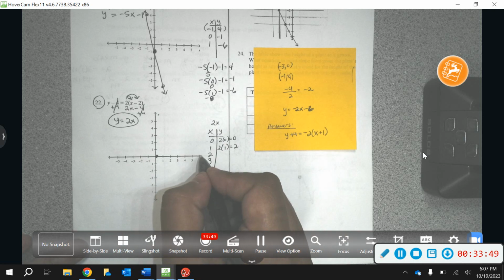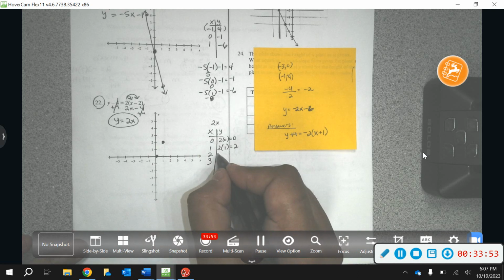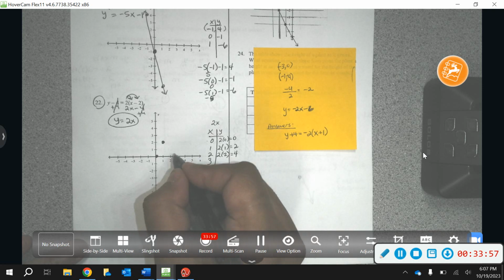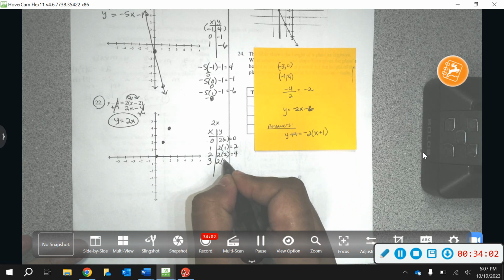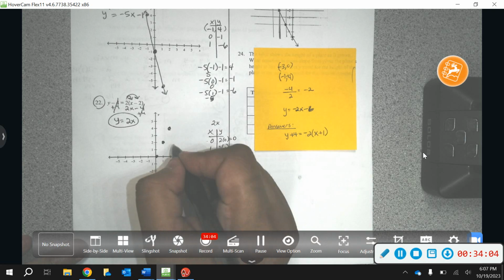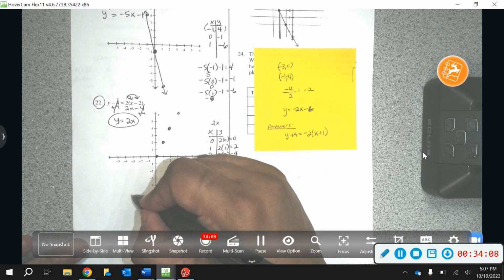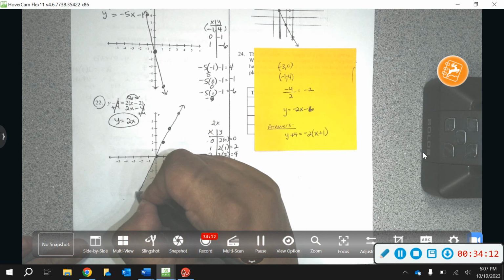So it's 1, 2. And then 2 times 2 is what? 4, so it's 2, 4. And then 2 times 3 is what? 6. So it's 3, and then 6 would be up here somewhere. And then all you have to do is just connect your points, and you are done.